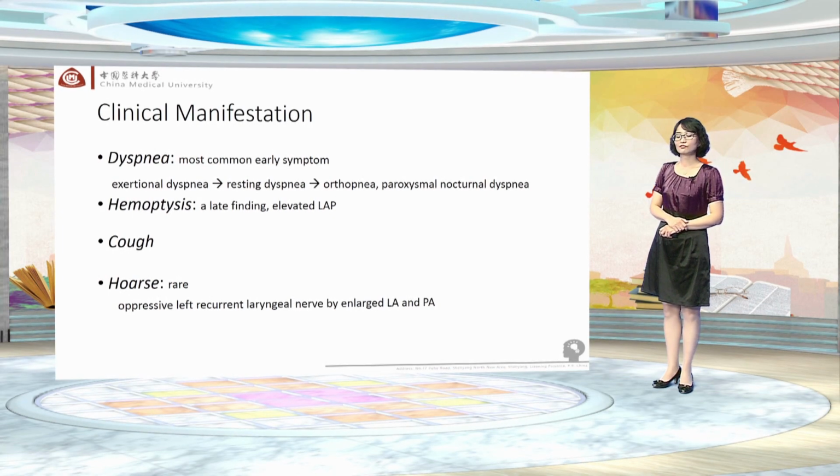There's another symptom, which we call hoarseness. It is rare. It is because of compression of the left recurrent laryngeal nerve by the enlarged left atrium and pulmonary artery.